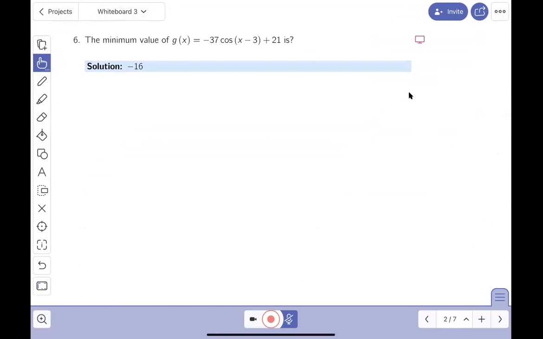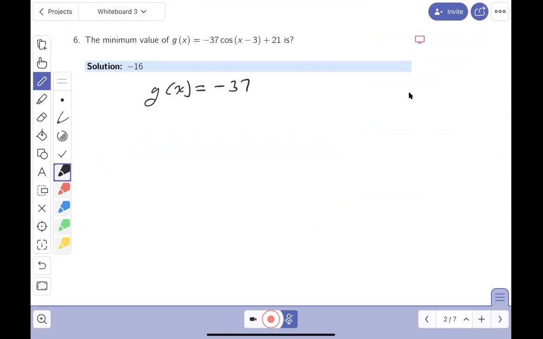Let's take a look. Find the minimum value of g of x. Let's write it down. Well, I guess we could do that begin and end stuff. But here's my problem. I don't think I want to graph it.